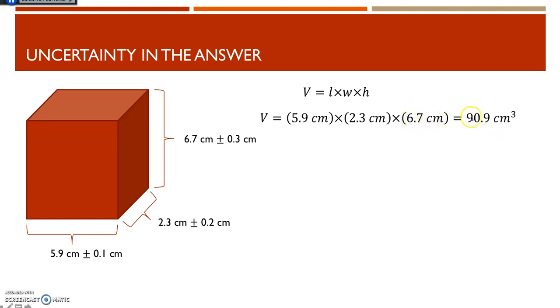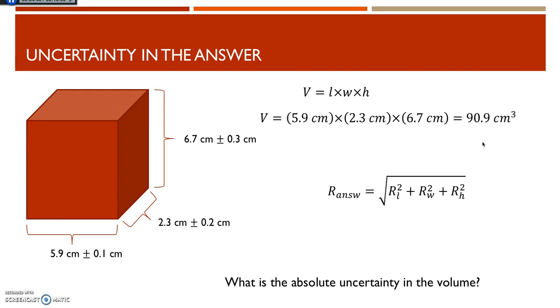I should only have 2 sig figs, so I'm keeping 1 extra digit just for rounding later. But in order to find the absolute uncertainty in the volume, what is the uncertainty in this calculation, we need to calculate this a little bit differently than we did for addition and subtraction. If you have multiplication and division, you need to use this equation instead.